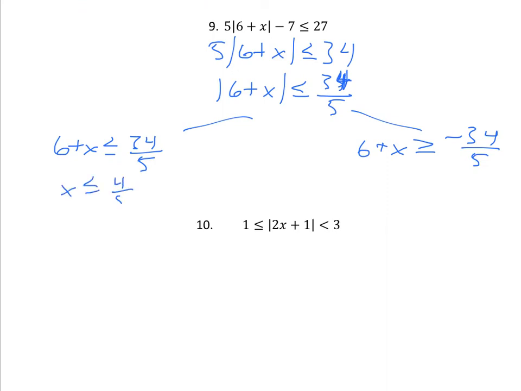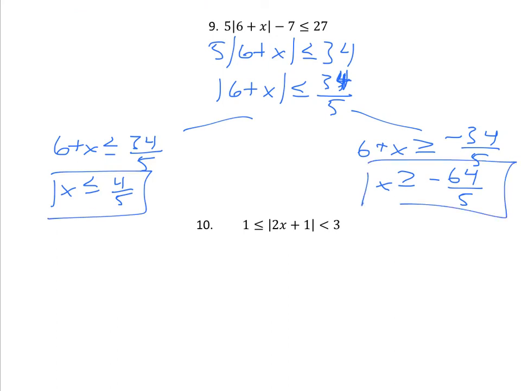Get 4/5 and negative 64/5. So we're going to be less than 4/5 and greater than negative 64/5. This one's going to be a little bit not to scale, but we've got closed circles at both, and we'll shade in the middle in order to graph that.